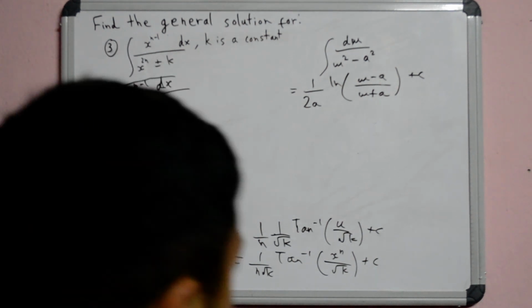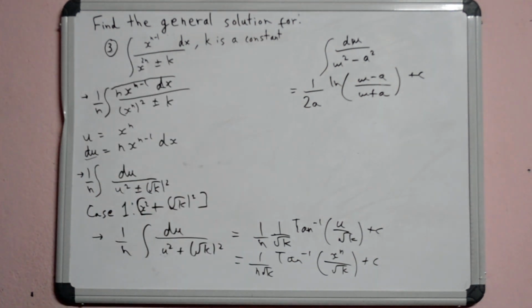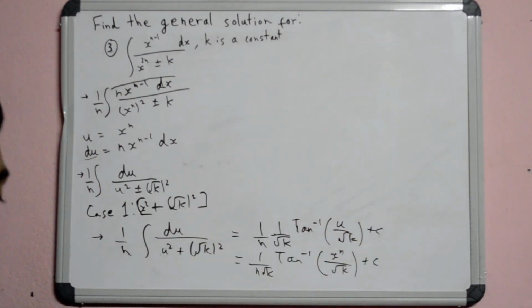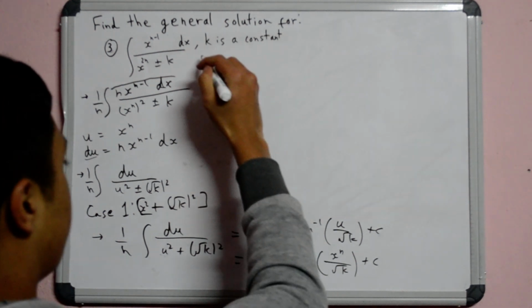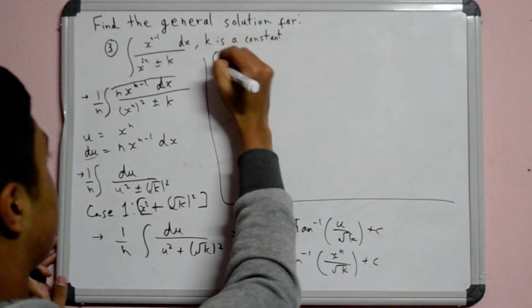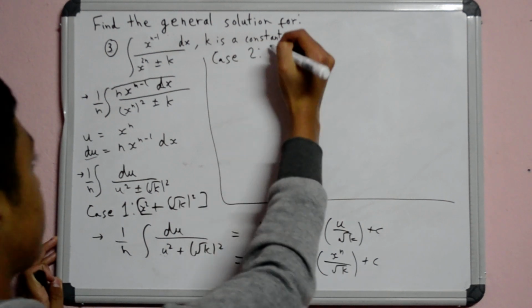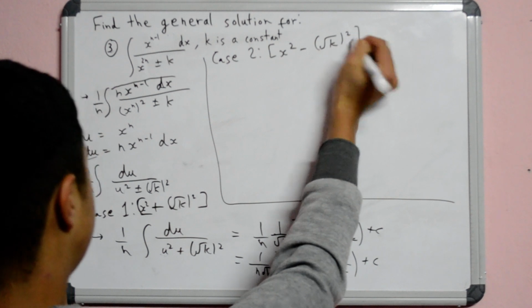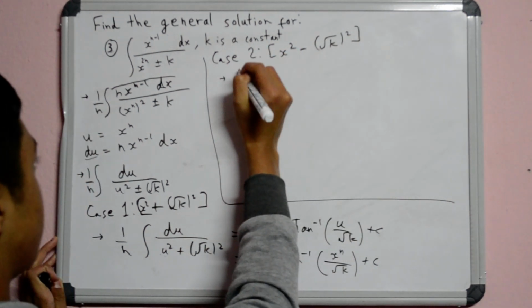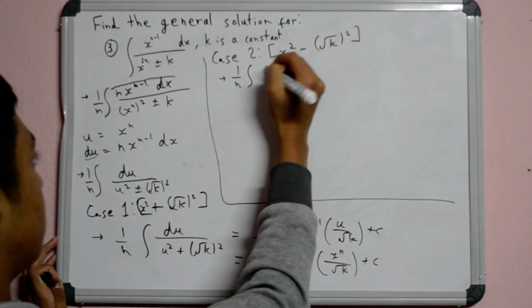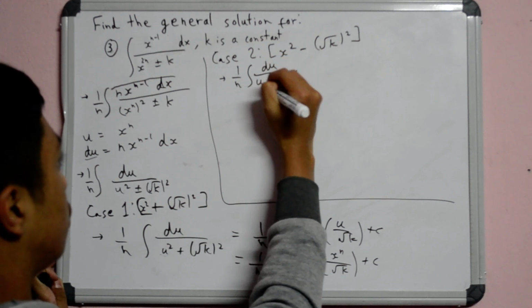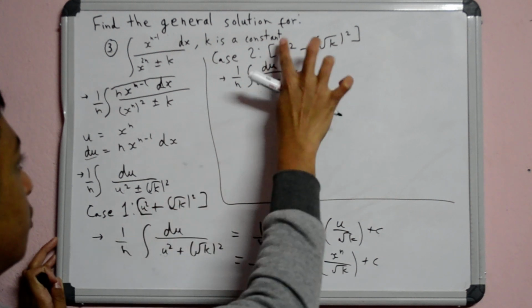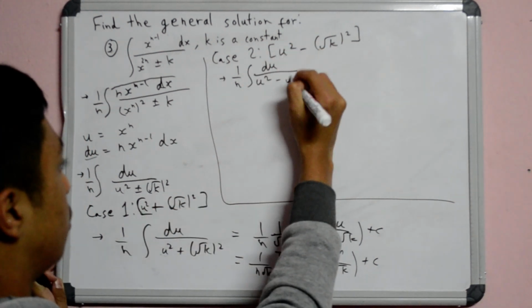Now we'll have to move on to our case 2, where we will use this formula. Case 2, u square minus root k whole square. So that means we will have 1 by n integration of du by u square minus, I'll just remove the confusion, root k whole square.